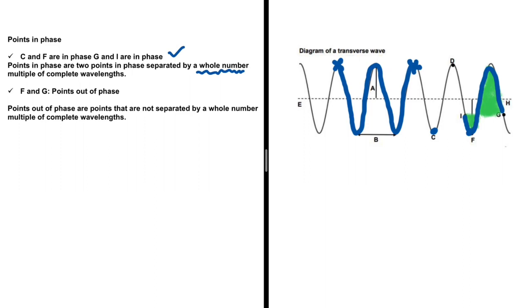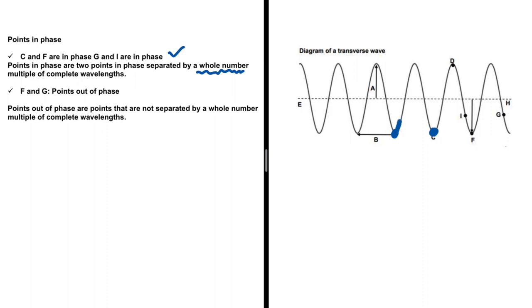Right. So points are out of phase if they're not separated by a whole number multiple of complete wavelengths. Right. So that is how we differentiate between points that are in phase and points that are out of phase. Points are not only in phase when they're close to each other like this.